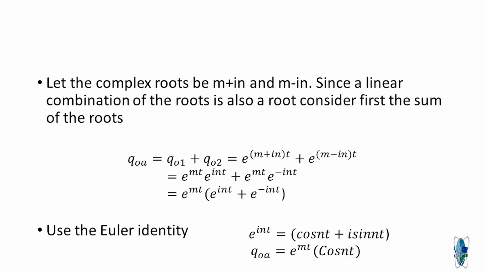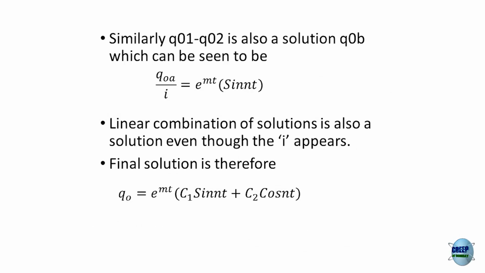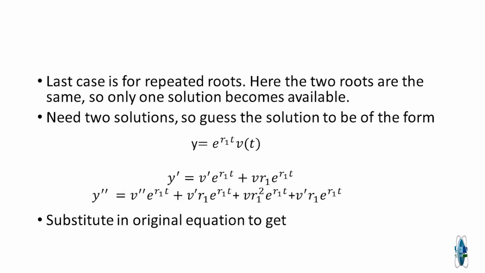And we then say that we understand something about the linear combination of solutions being a solution, and therefore we just manipulate it a little bit and say that the solution is going to be in terms of the exponent and sines and cosines.